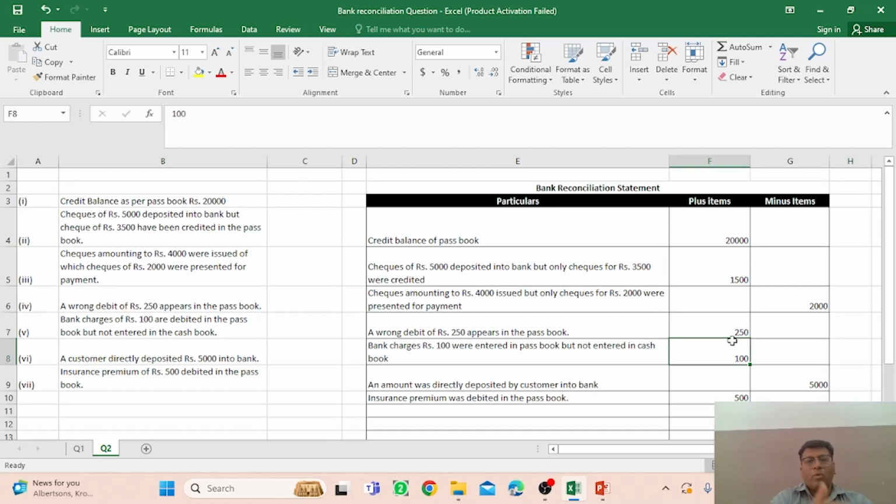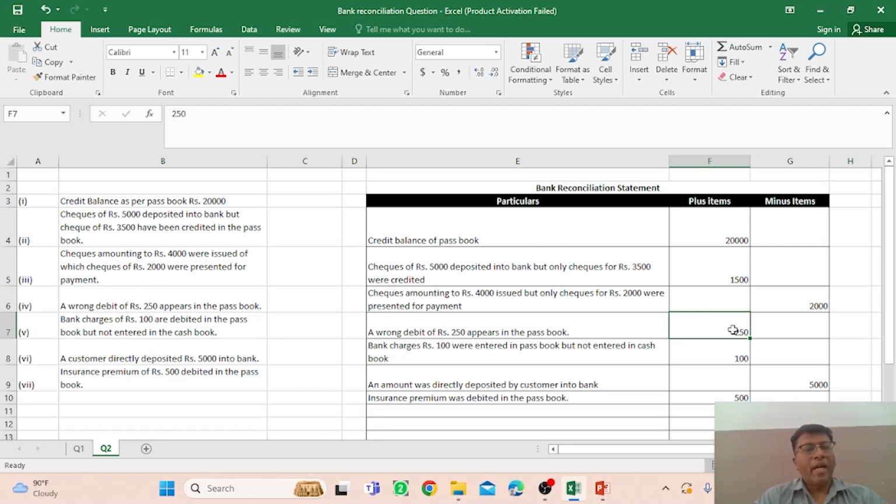Okay, we should check another transaction also. A wrong debit of 250 appears in the passbook, so the bank balance is reduced and the cash book balance is increased in comparison with the passbook. The cash book balance is more than the passbook, so you have to write this 250 in the plus item.